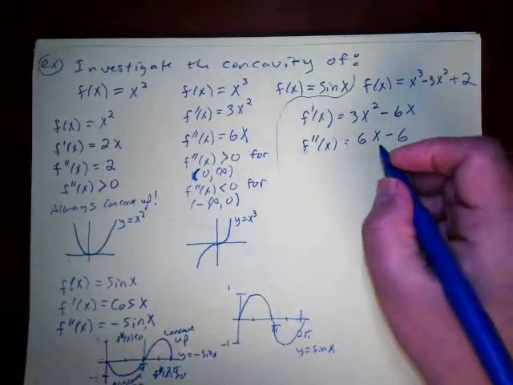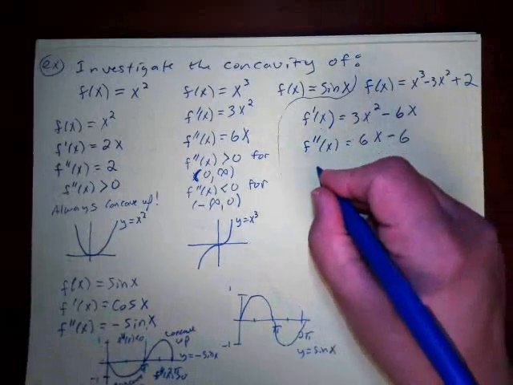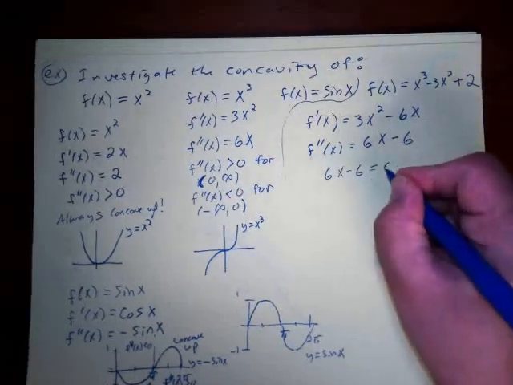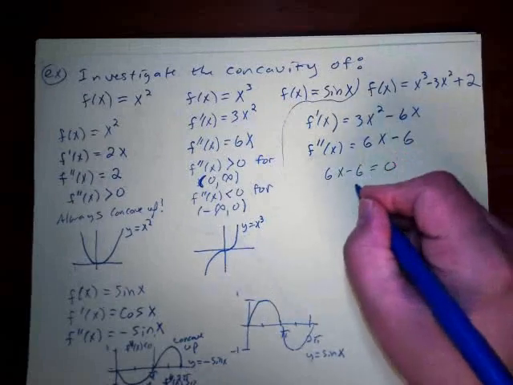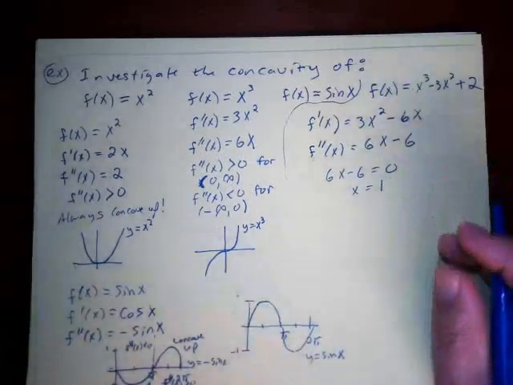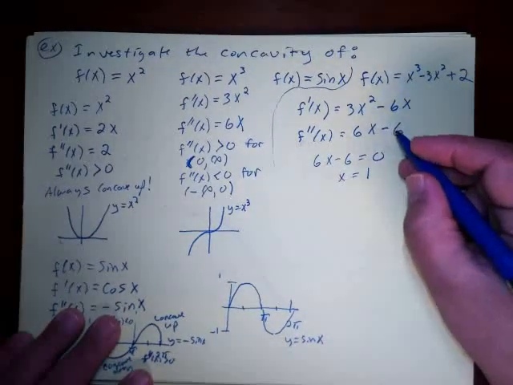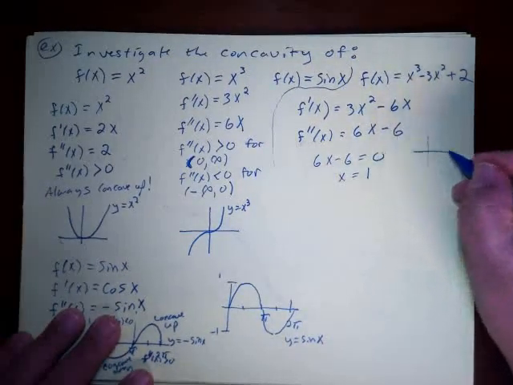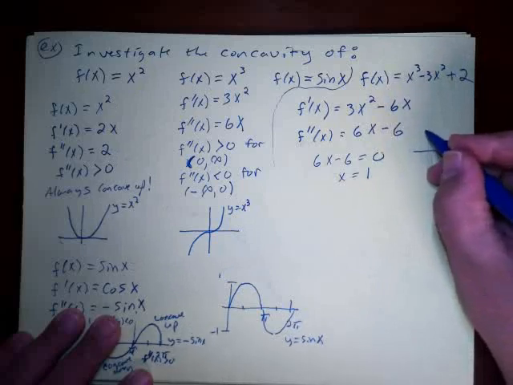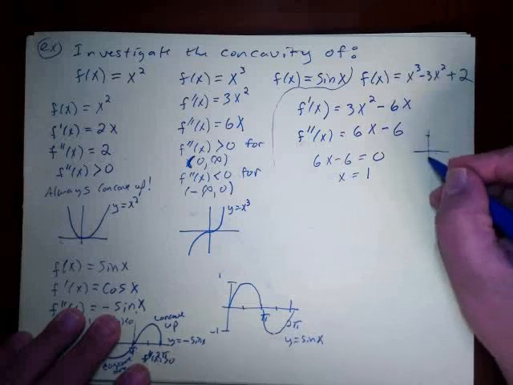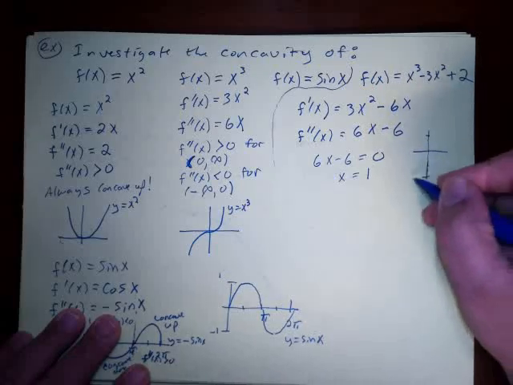Okay, well, let's find when this second derivative is equal to 0. And when I do that, I get that x is equal to 1. Okay, and in fact, if I were to graph this line, it would start at -6, right?